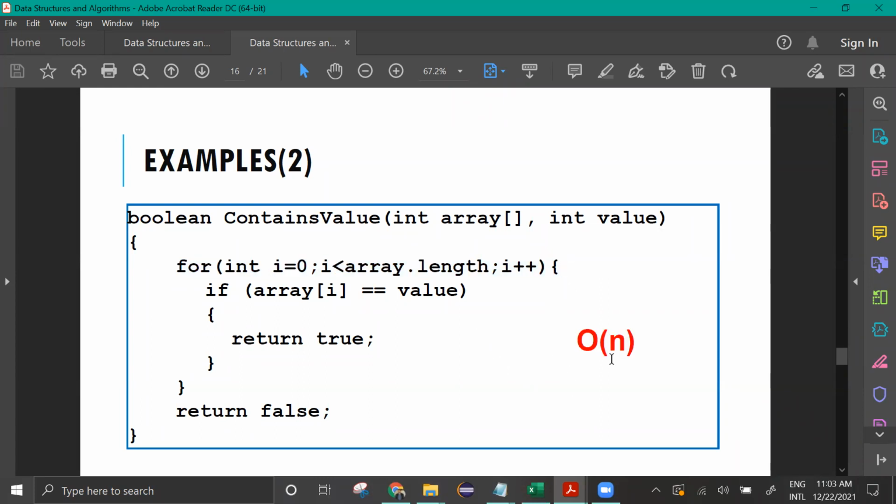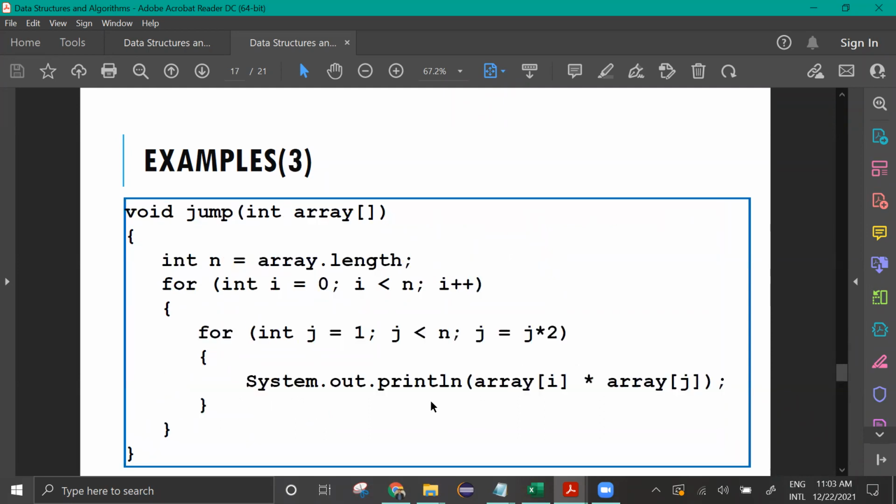We go n, and this goes n, and this goes log n. So it is n log n.